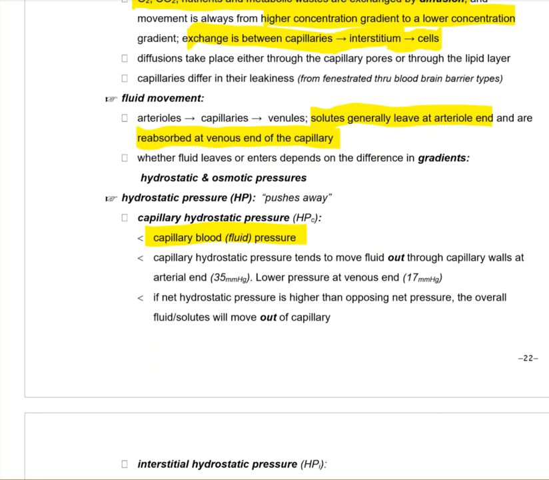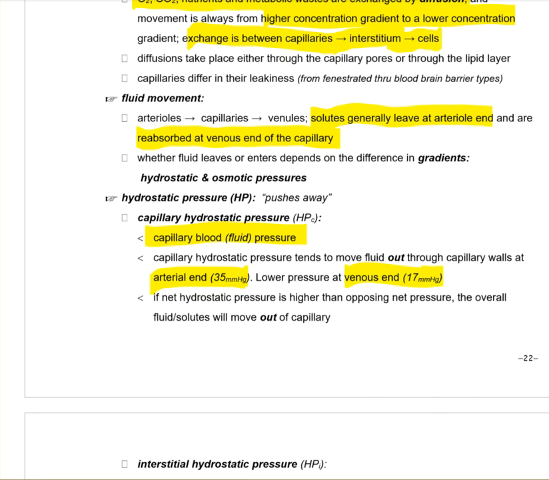Okay, so at the capillaries, the pressure tends to move fluid through the walls because the pressure is high due to blood pressure. So at the arterial end, capillary hydrostatic pressure tends to be about 35 millimeters of mercury. And of course, as fluid leaves, it drops. And on the venous end, it goes down to around 17.